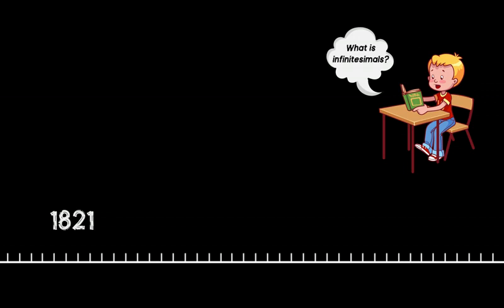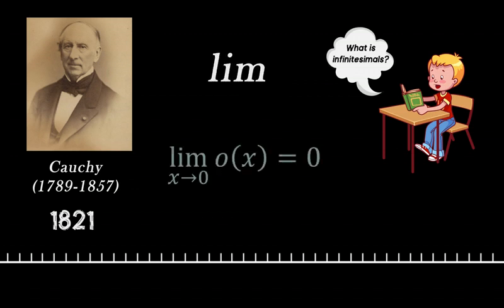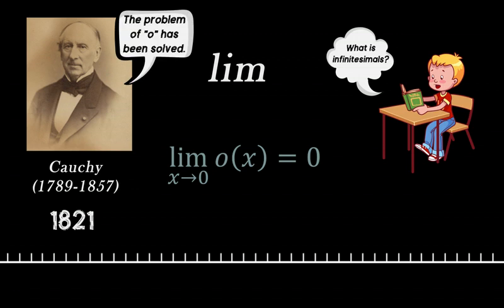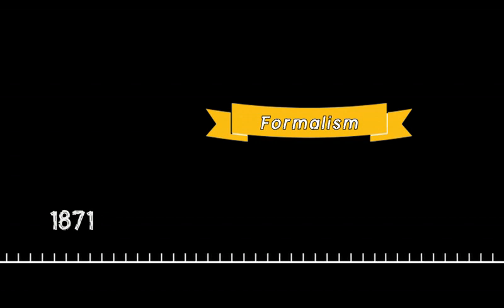In 1821 to 1823, Cauchy fabricated the mathematical concept of limit and interpreted the so-called infinitesimal as a variable whose limit was 0. He and his successors grafted Leibniz's symbols into Newton's system, making the principles of calculus almost what they are today. With the prevalence of formalism, new questions emerged.